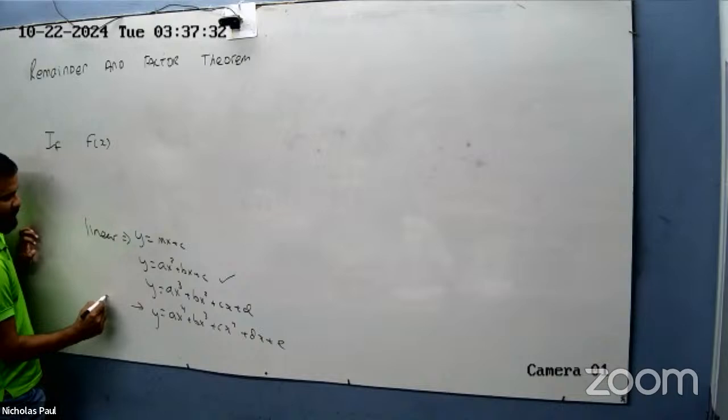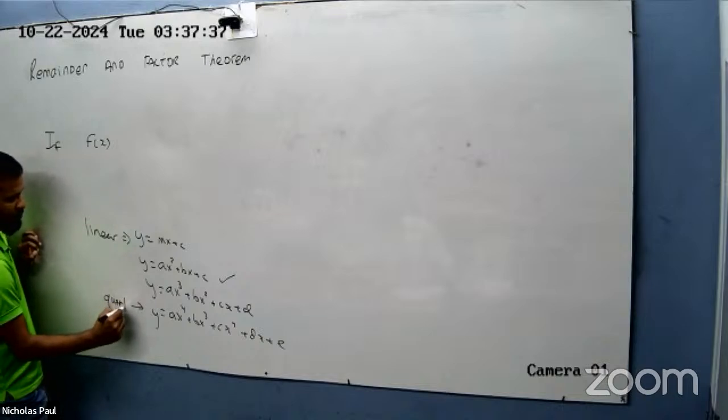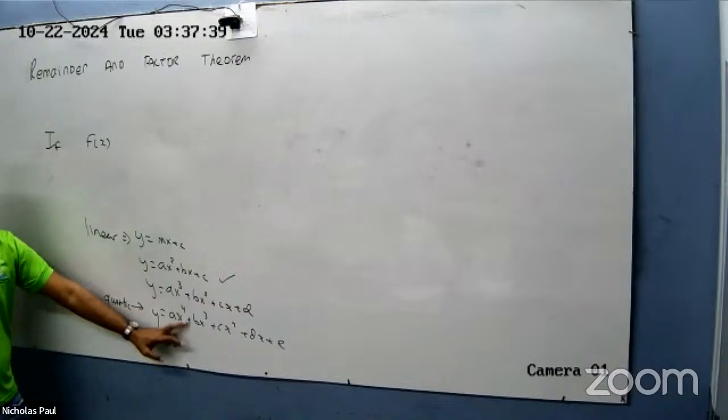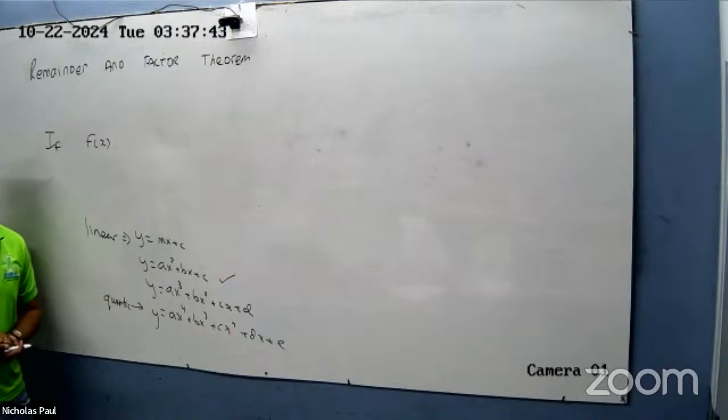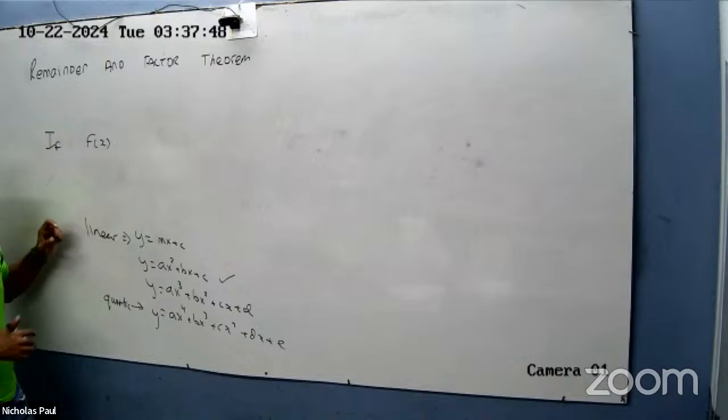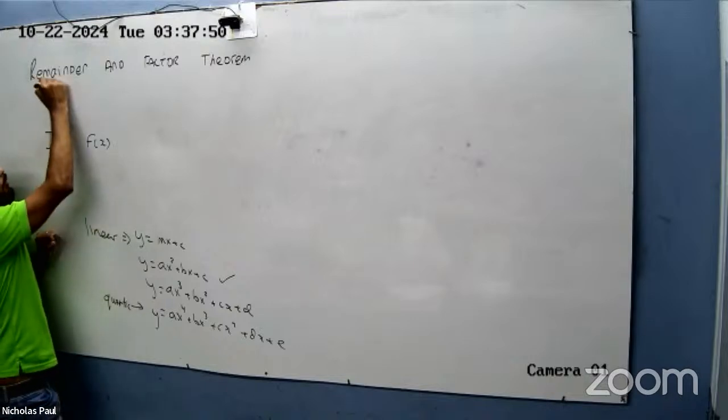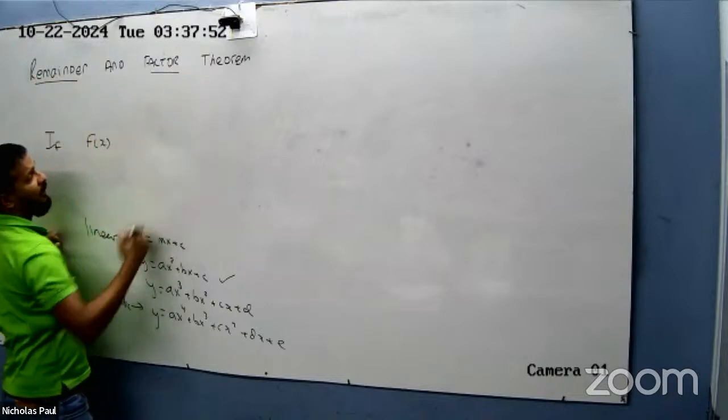That's when the highest power of x is 4. So we are looking at something called the remainder and the factor theorem.